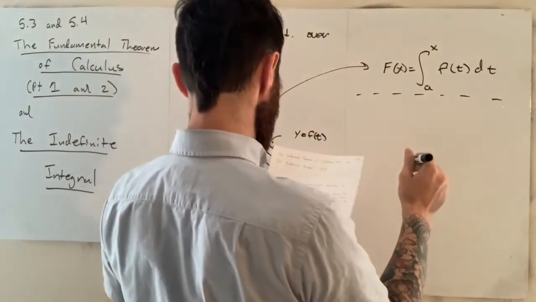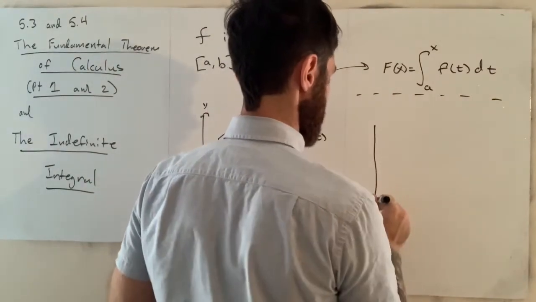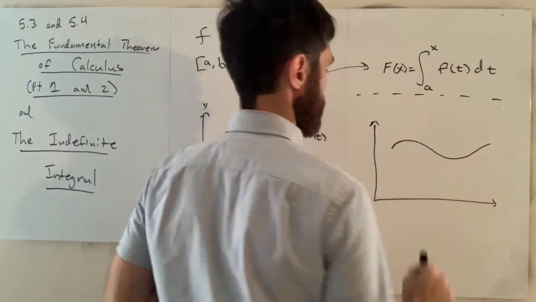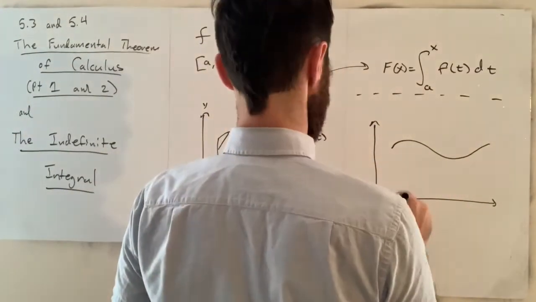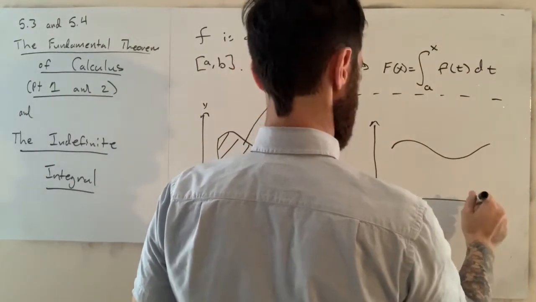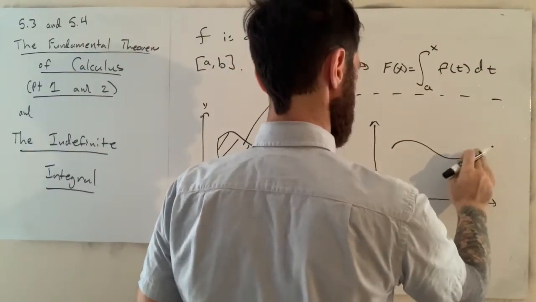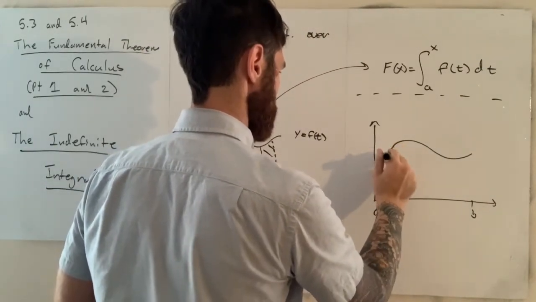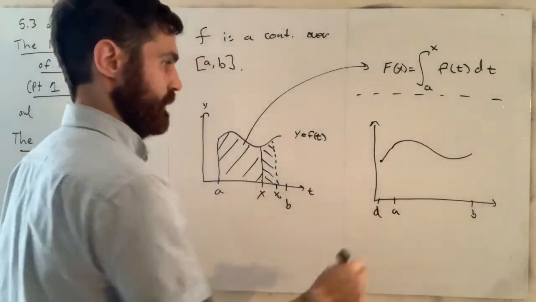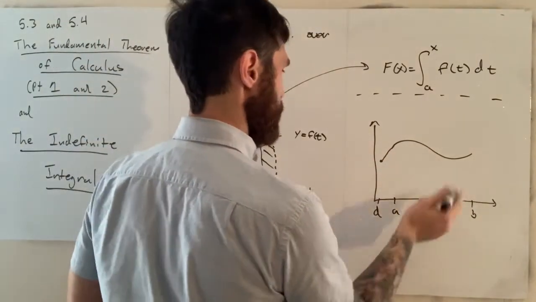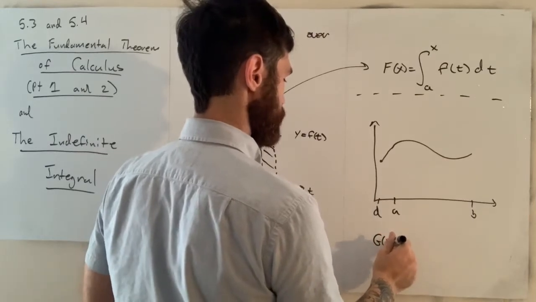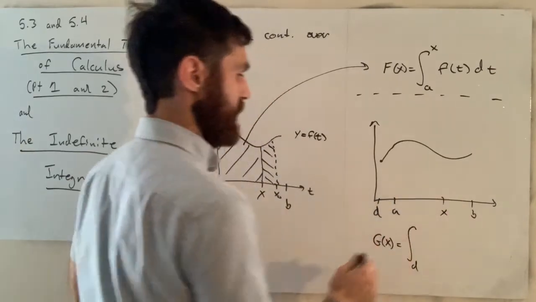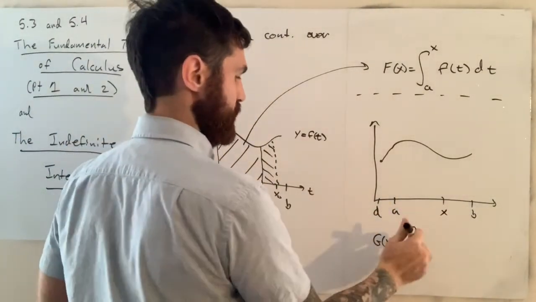Now, what happens if, say, I have the same function here, and here is, again, a, and here is b, and maybe over here we have d, and I want to now think of the function g of x that starts at d and picks some x value between the interval d to b.